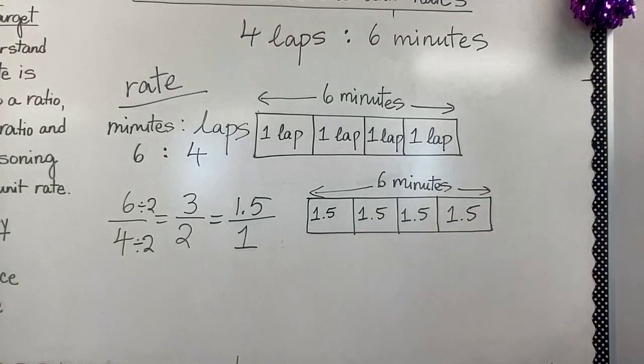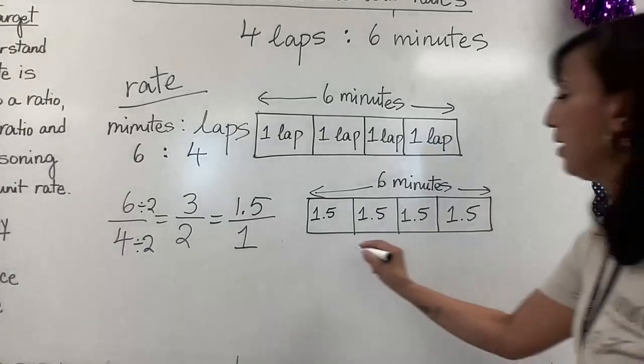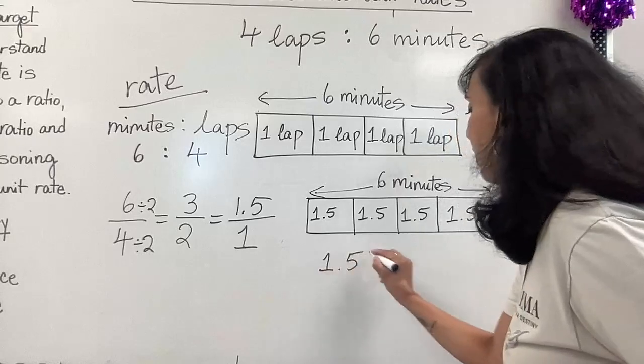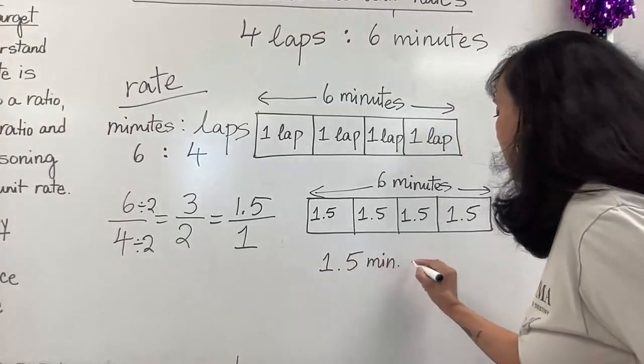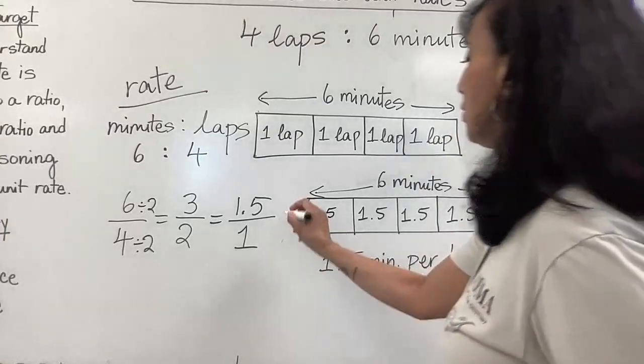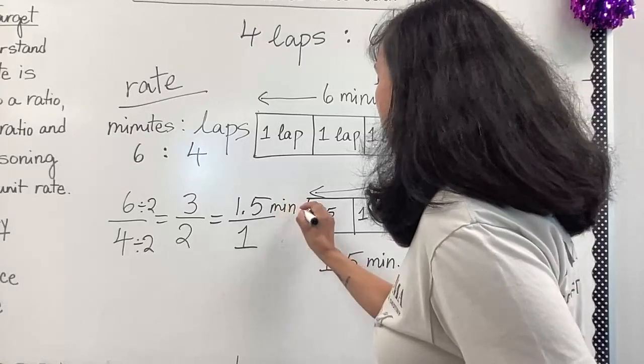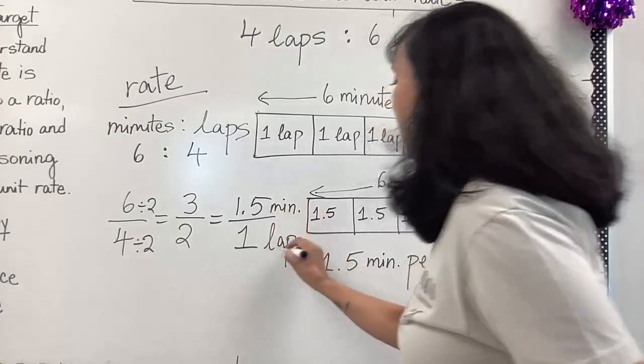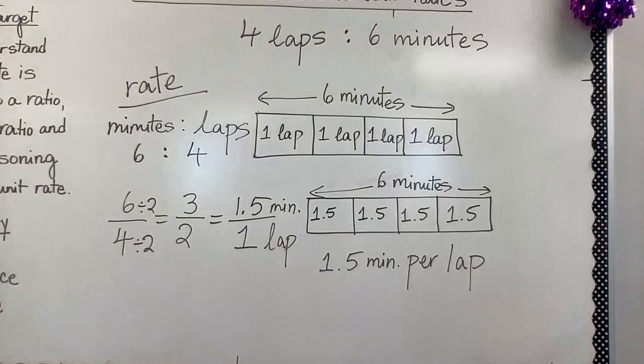Okay, so Luciana ran at a rate of 1 and 5/10 minutes per lap. So this is minutes for 1 lap. That's basically what this is.